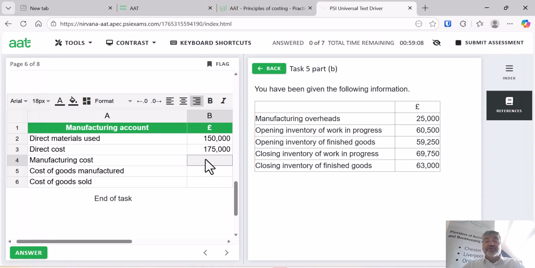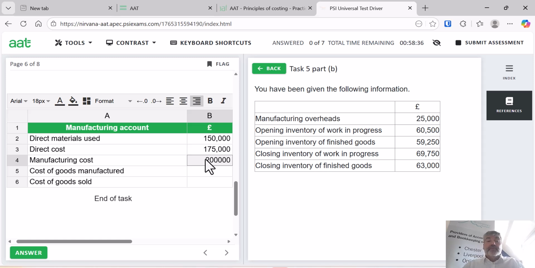Well, we know that the direct cost is £175,000. What we need to add to that figure is the production overhead for the period, the manufacturing overheads for the period, which are given as £25,000. So we add the £25,000 to the direct cost to give us £200,000, which is the total cost of manufacturing or production for the period.